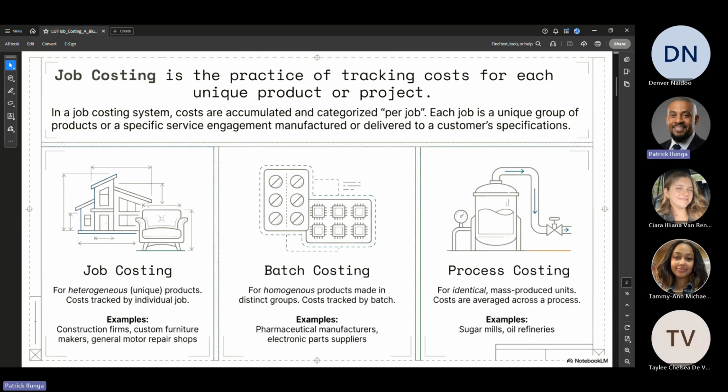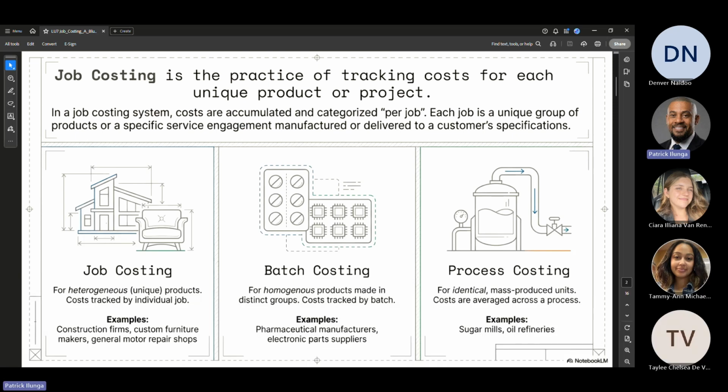So you might have to track multiple jobs and each job will have an ID. So job 411, job 412, job 413. It is being manufactured by the same company in the same manufacturing facilities, but it's different jobs.